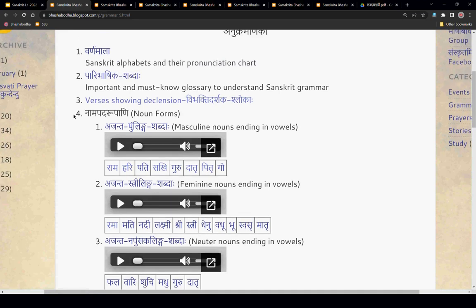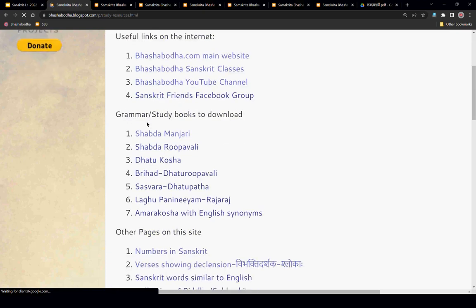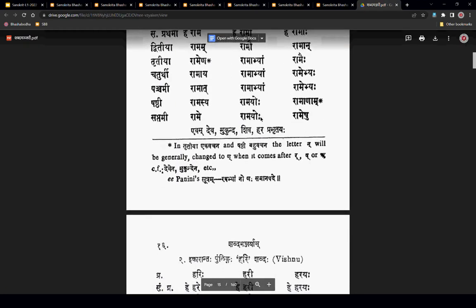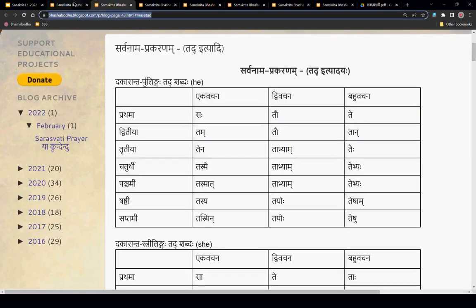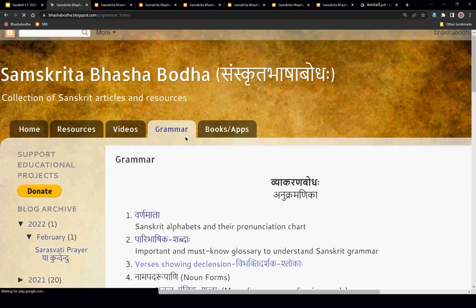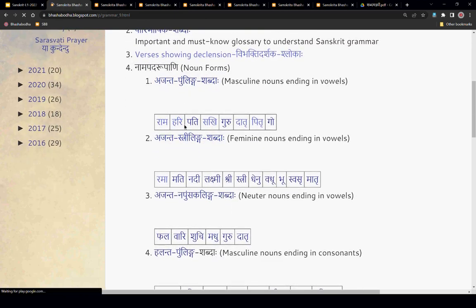The first one, Shabda Manjari. This is a PDF. If you want to download, it looks like this PDF. You can download it. The same thing is also available on the website online. If you want to refer to it online anytime, you can go to this grammar tab. In the grammar tab, these links are available. Just click on any link, you will see the table.